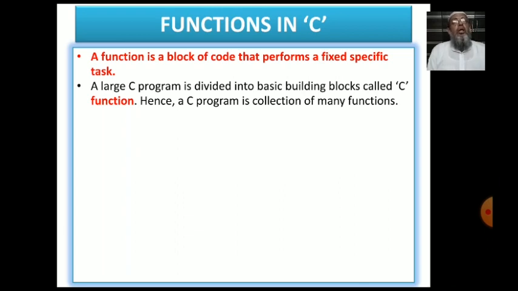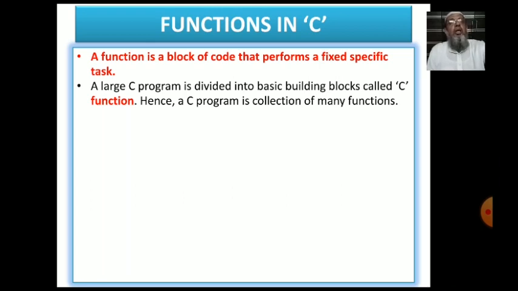As we know, a large C program is a combination of so many functions. In real-time application development, when you build an application, you will use numerous functions, inbuilt functions and user-defined functions, and in one program so many functions will be used.